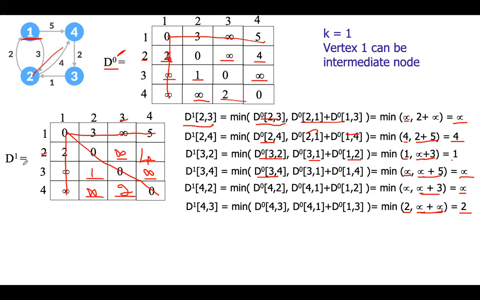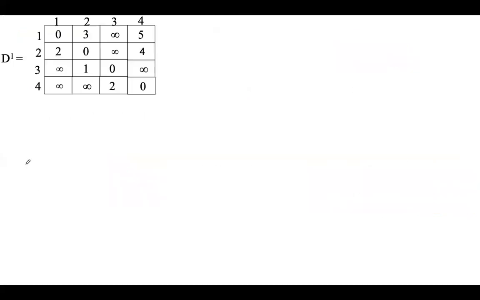In the next stage, D1 will become the input matrix, and vertex 2 will be the intermediate vertex. This is the D1 matrix which we got from the previous step. Now this is the input matrix, but vertex 2 will be the intermediate node. When I say vertex 2 is intermediate node, what does that mean?